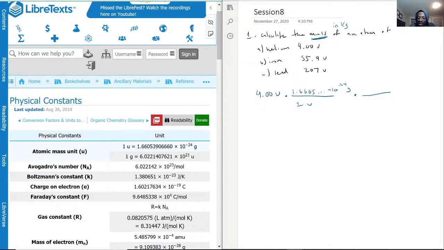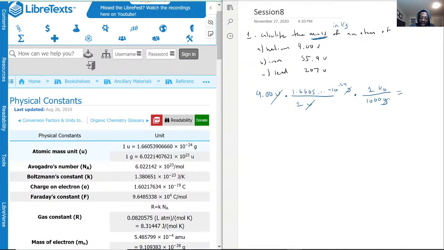But they want kilograms, and we do the same exact thing. We know that there are 1,000 grams in 1 kilogram. Now watch this: these units cancel out, these units cancel out, and what you get is a value you put in the calculator. 4.00 times 1.6605 times 10 to the power of negative 24, divided by 1,000.